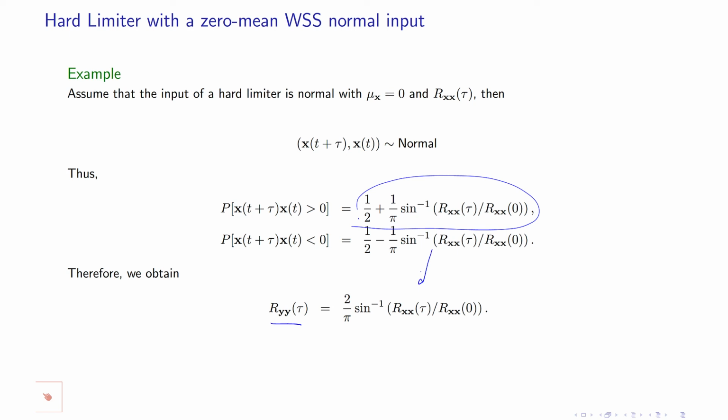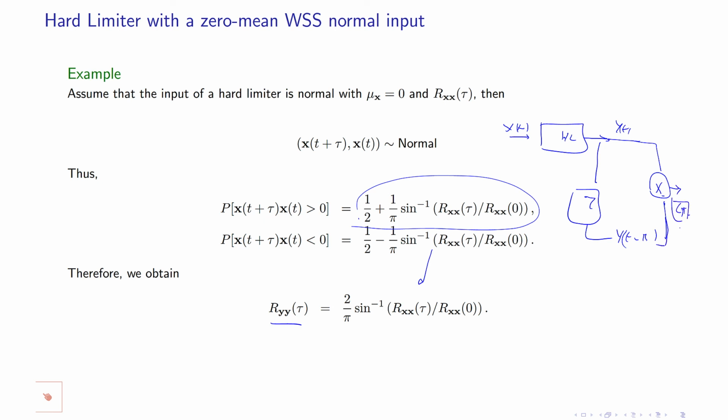Now what's going to happen is that I could give this x of t to this hard limiter and then get y of t, and then I can put a delay of tau. I get y of t minus tau, okay? And then because these two signals are binary, I could multiply them together, or I could just XOR them, which is multiplication, and then give them to a low-pass filter.